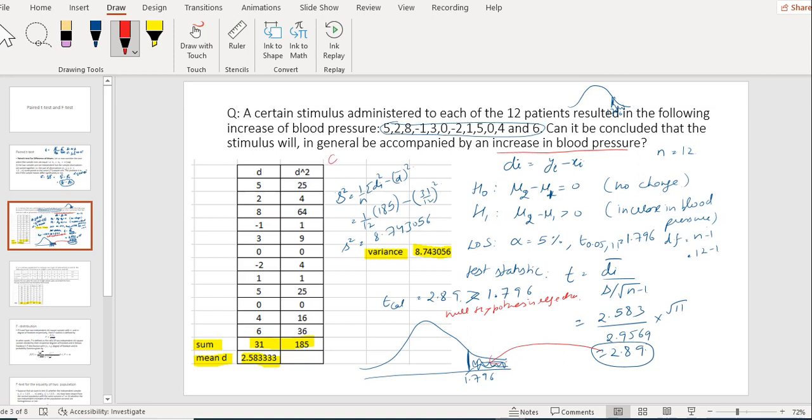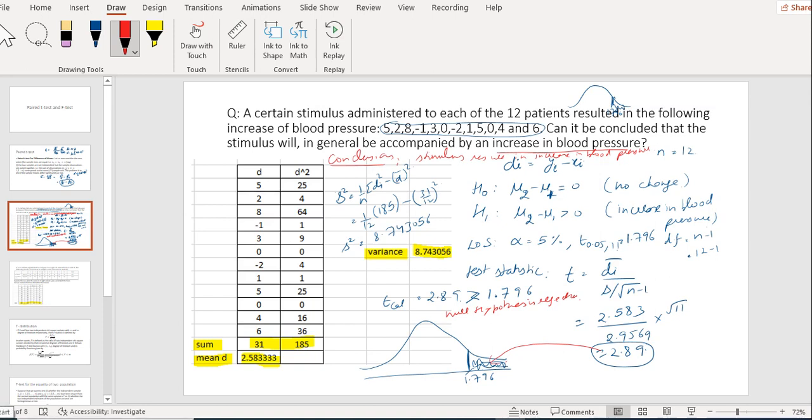So what is the conclusion here? The conclusion is the stimulus results in an increase in blood pressure. So when we give this particular stimulus to the patient, their blood pressure will rise. So this is the solution of this problem.